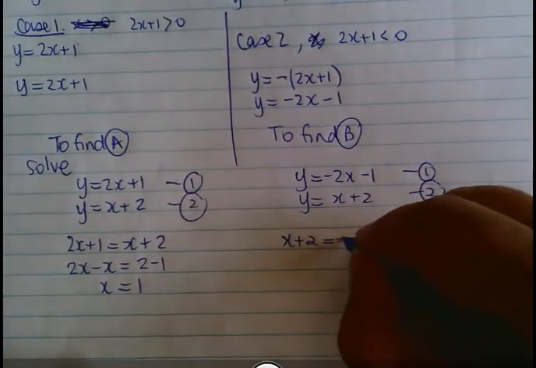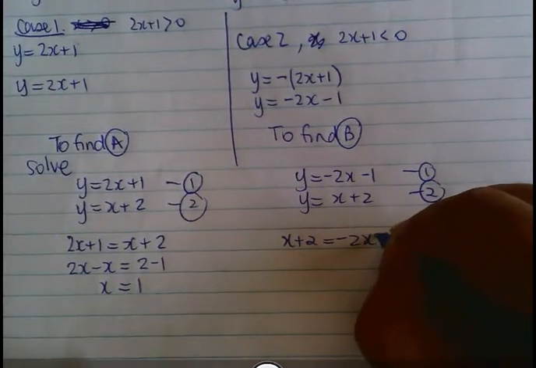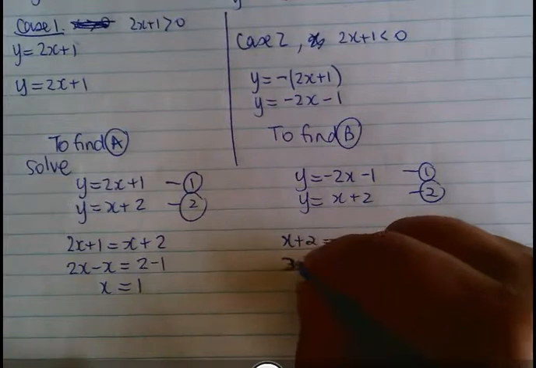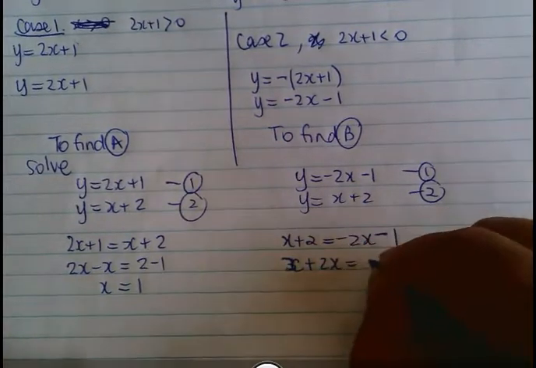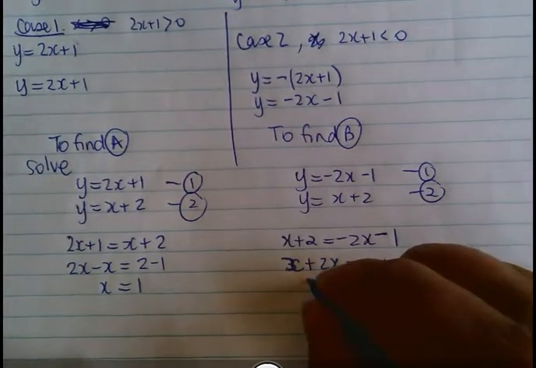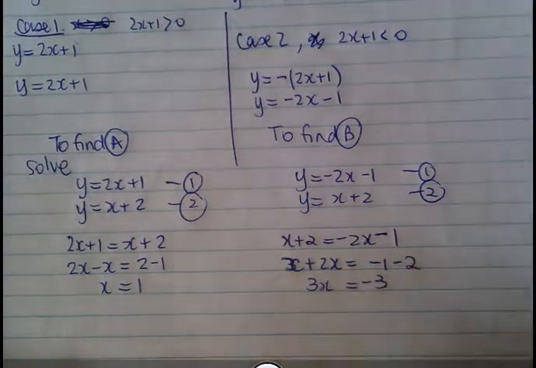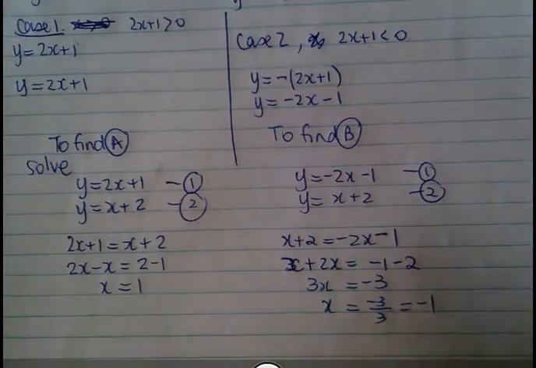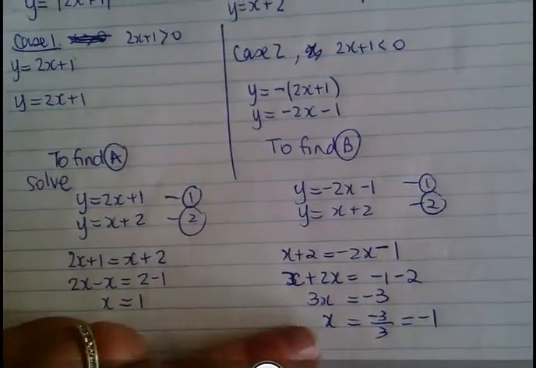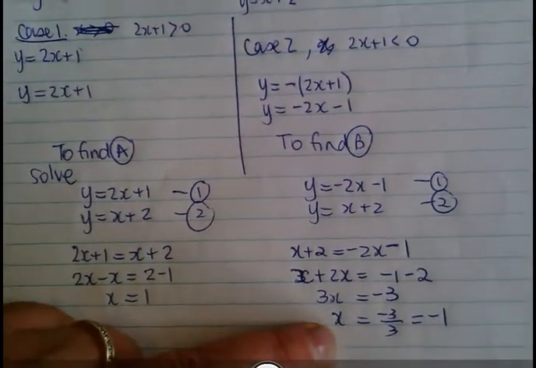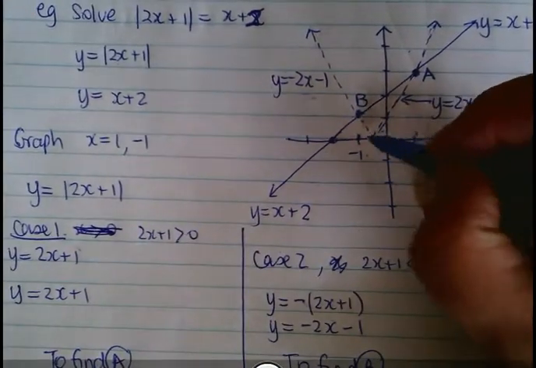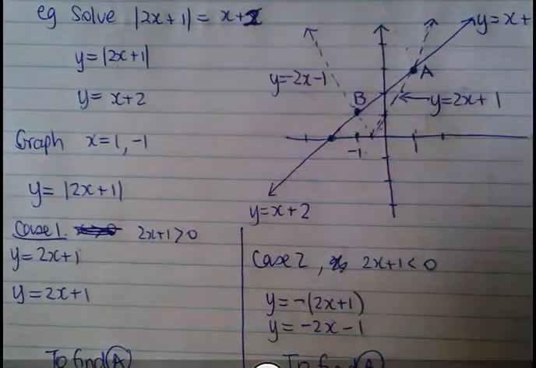So I'm going to go x plus 2 equals negative 2x minus 1. It doesn't matter which way you do it. Bringing this over, I've got x plus 2x equals negative 1 take away 2. So I've got 3x equals negative 3, and dividing through by 3, I get that x equals negative 1. So my solution for B has an x value of negative 1.